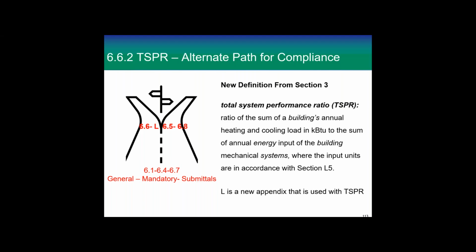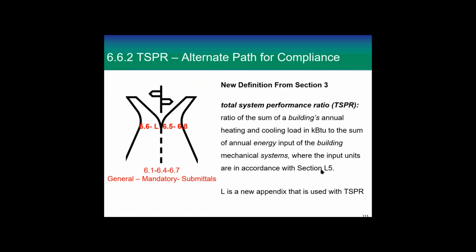Now, this alternate path is about what people have been asking for. They've been saying, if you'll just give us a BTU rate level, and tell us to beat it, then we'll beat it, and quit giving us all these hard rules. So this is the ratio of the sum of a building's annual heating and cooling load in 1,000 BTUs to the sum of the annual energy input of the building mechanical systems, where the input units are in accordance with L5.